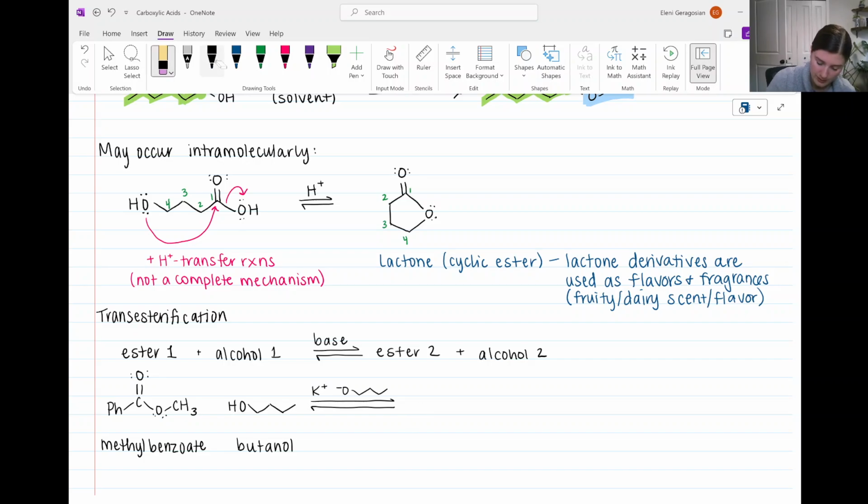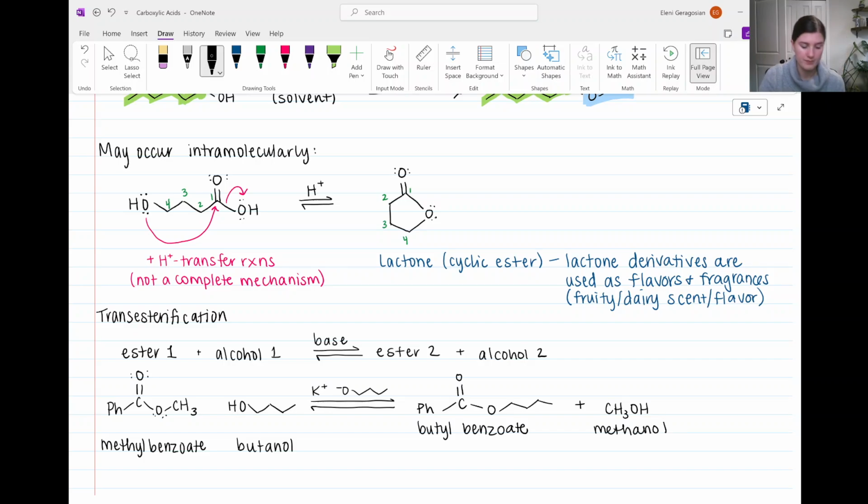So we would have our carbonyl stays the same, and then now here we would have the butyl chain. So 4 carbons. So this is butyl benzoate. And then methanol as the second alcohol.